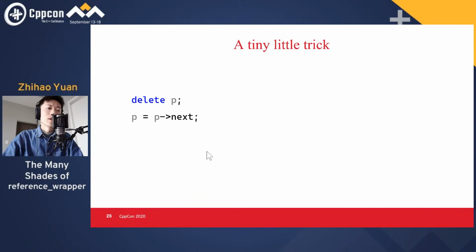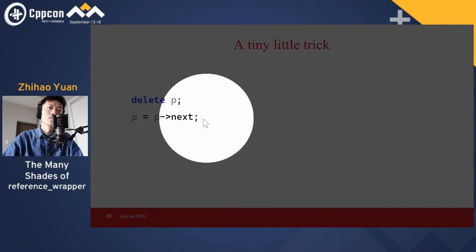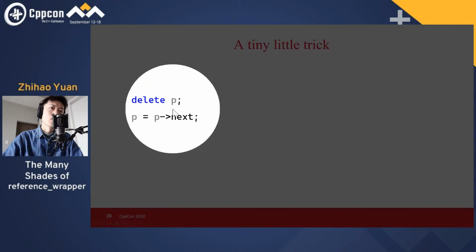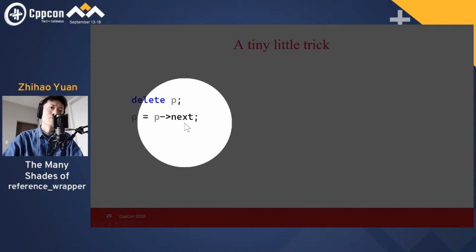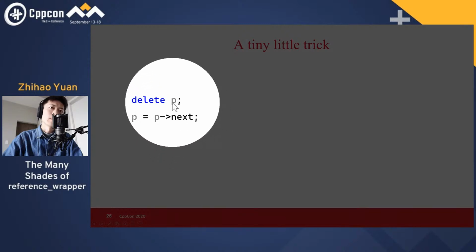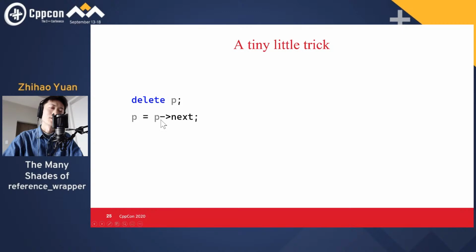But assuming that a node is created using the new operator, the delete operator also destructs the node, which means after the destructor is called, you can no longer reach the next member of a destructed object through a pointer that used to point to it. So this code doesn't work.